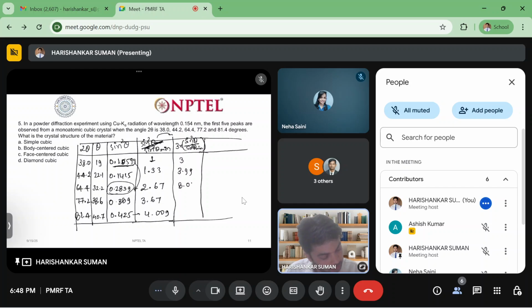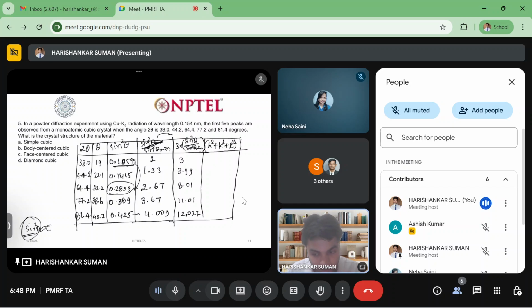This is 11.01, and this is something. And now we know sin square theta, as we have seen earlier, is proportional to the h square plus k square plus l square.